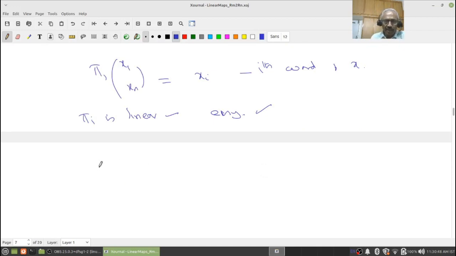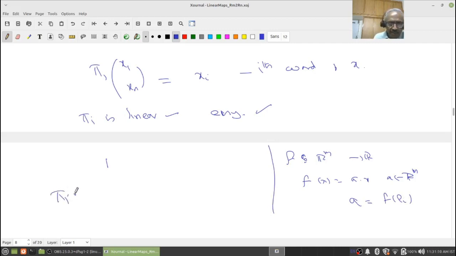But let's go back. Lemma 2, we reformulated by saying any linear map f from Rm to R is of the form f of x equal to a dot x, where a is a vector in Rm. And we also know what a is. a is the thing such that a equals f of a. Do you understand that? So now you say pi i is a linear map from Rm to R. Okay.